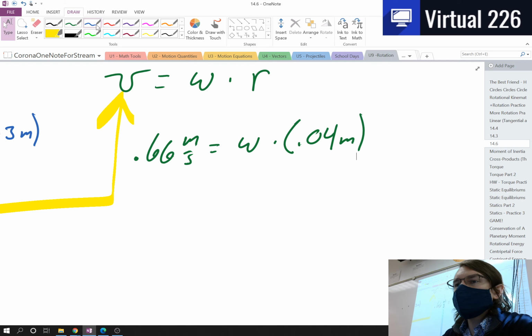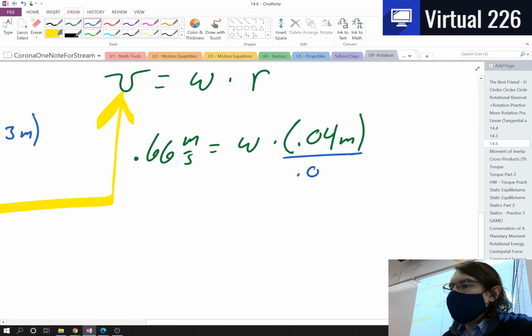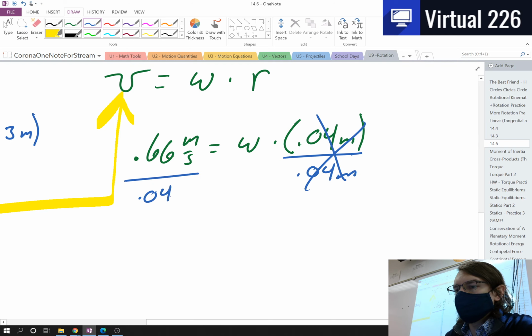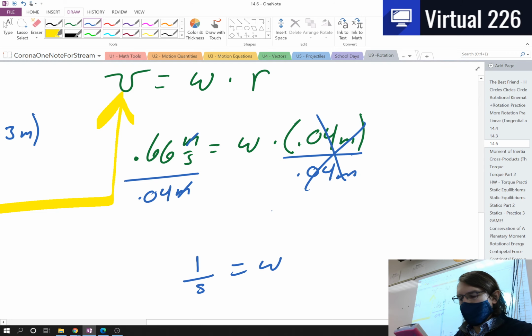To solve this is fairly straightforward. We divide each side by 0.04 meters. When we do that, we see the meters are actually going to divide out. So at the moment, we just have units of 1 over seconds, which equal omega. And 0.66 divided by 0.04 is going to give us a value of 16.5.